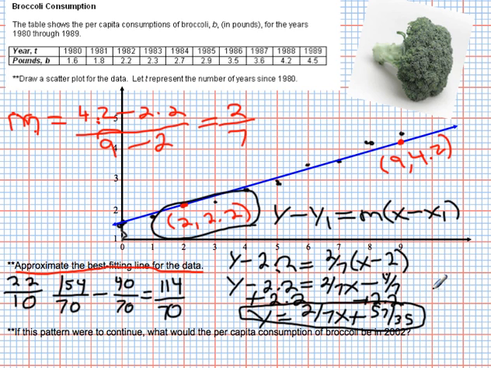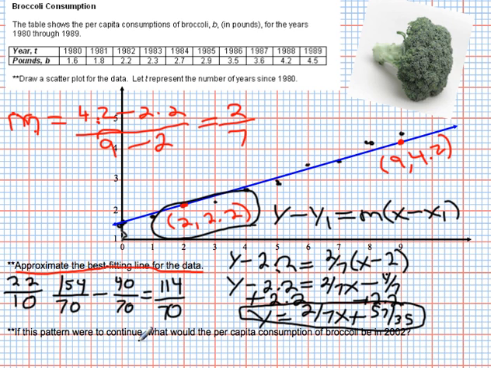And then the last question is, if this pattern were to continue, what would the per capita consumption of broccoli be in 2002? Well, I'm not going to do this whole thing for you, but just so that you know, remember we started with 1980 as year 0. So the year 2002 is going to be 22.